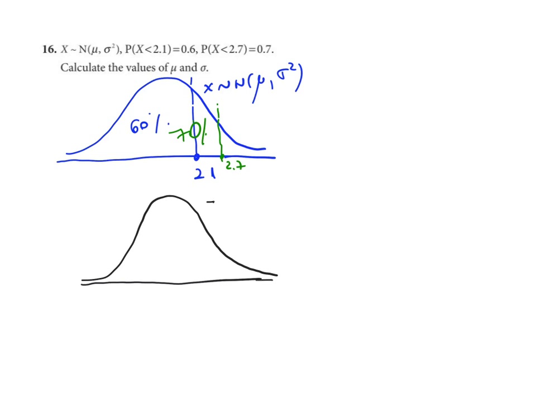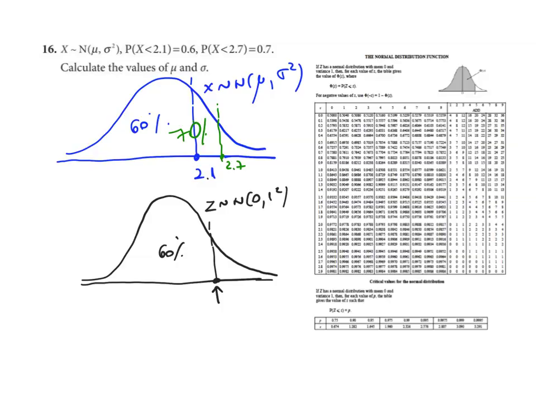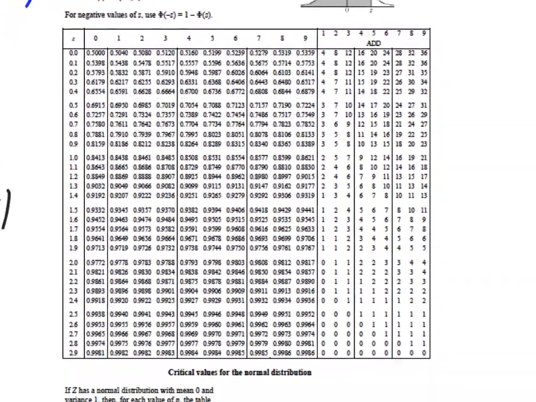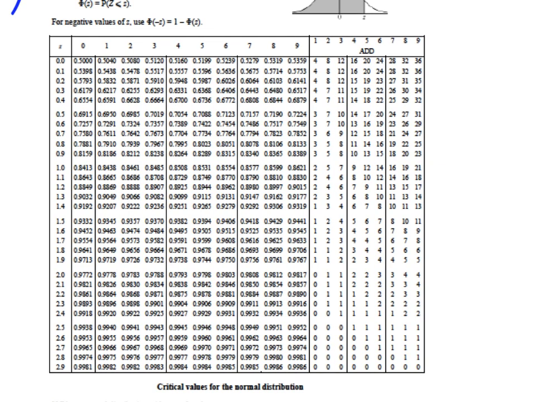So I'm looking on the z distribution for an area of 60% here. And I'm looking at this score, which will be linked to 2.1. Now I'm looking in the table for an area of 60%. Let's see where we find it. So it is here, almost 60%, therefore it is 0.25.